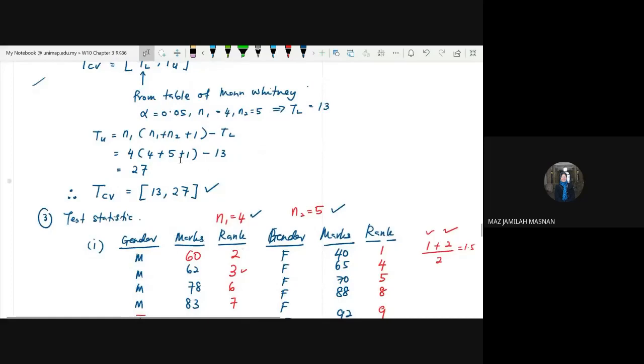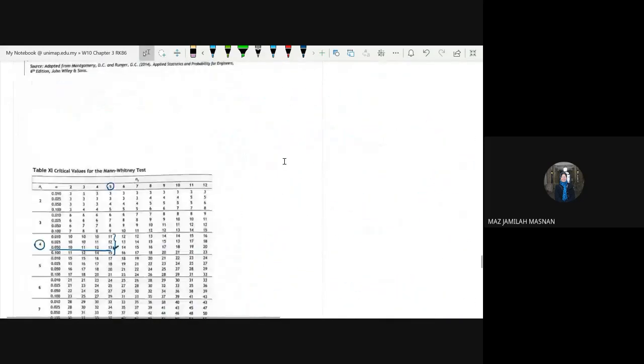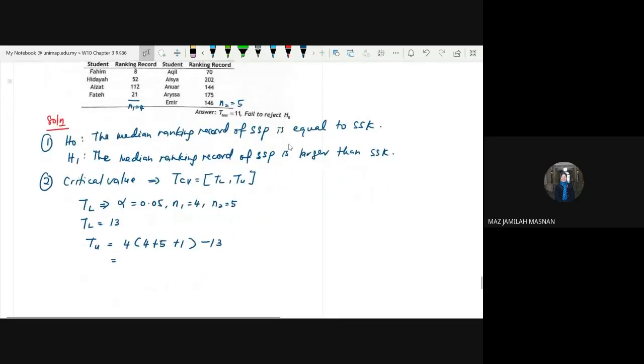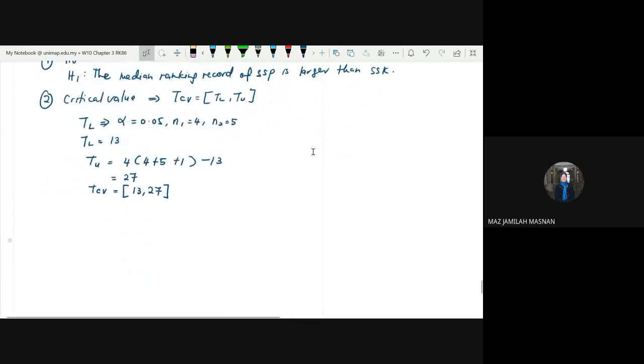No, 40 minus 13, you get 27. So your T critical value is 13 and 27. If someone realizes I'm making any mistake, please let me know.